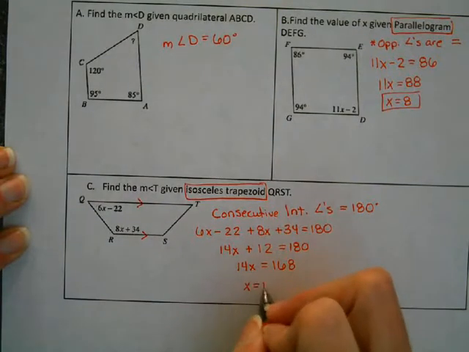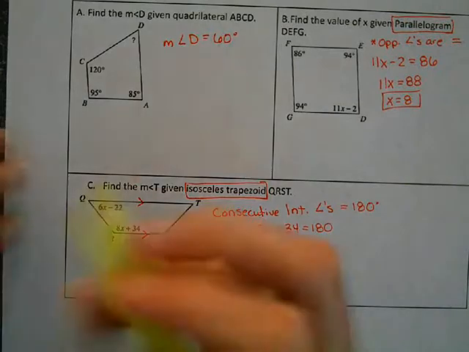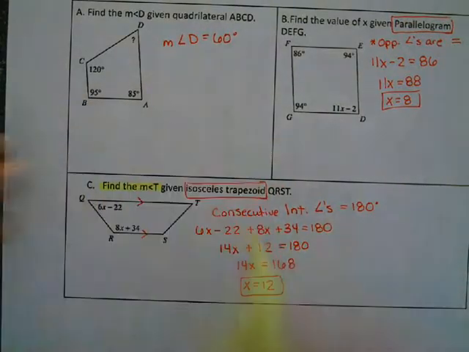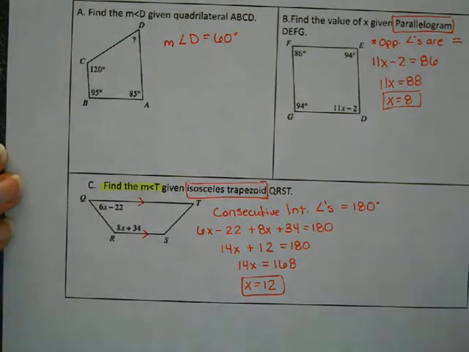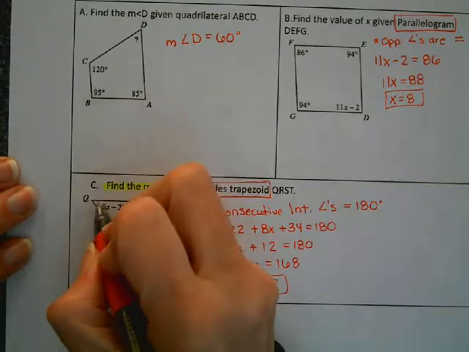Okay, I found x equals 12, but this one asked me to find the measure of angle T. Well, we have to decide, do you think angle T looks the same size as Q, or does angle T look the same size as R? Well, this angle and this angle are base angles that would be congruent.